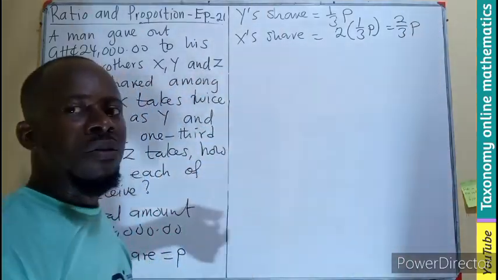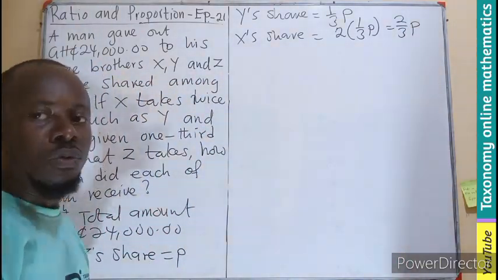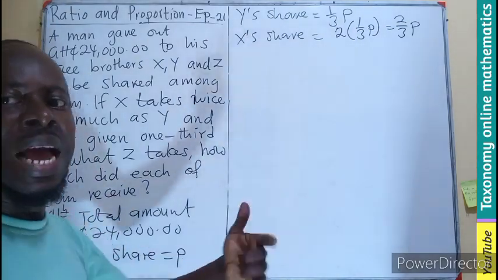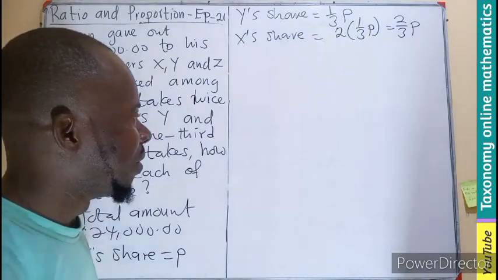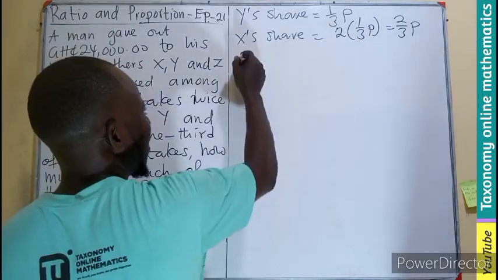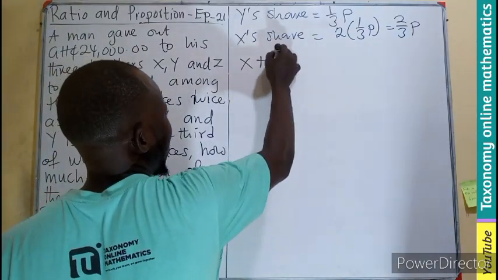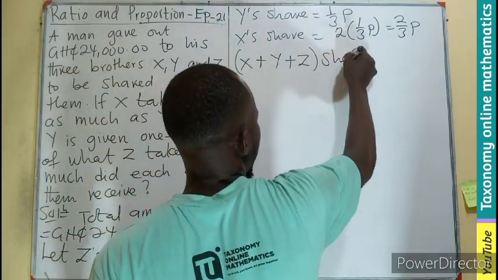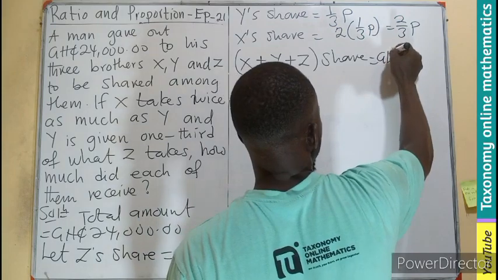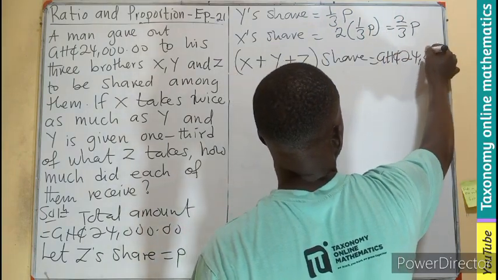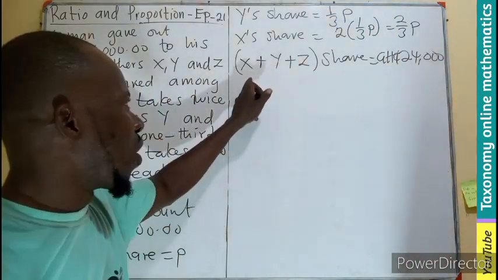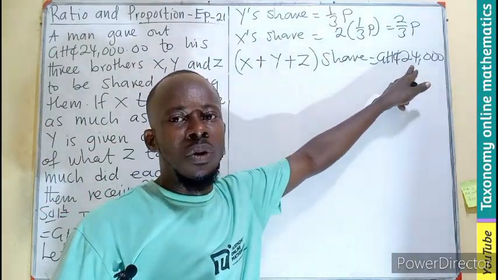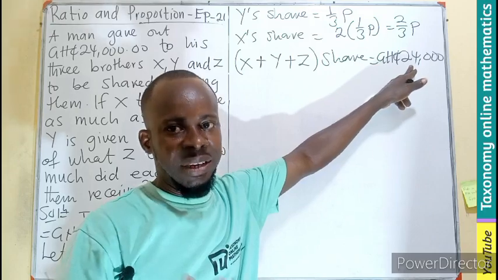These are their various shares, using P, and P represents the amount that the person is receiving. We also know that X plus Y plus Z, as in their shares, equals the amount they are to share. If I add the shares of X, Y, and Z, I should be getting the 24,000 they are sharing.